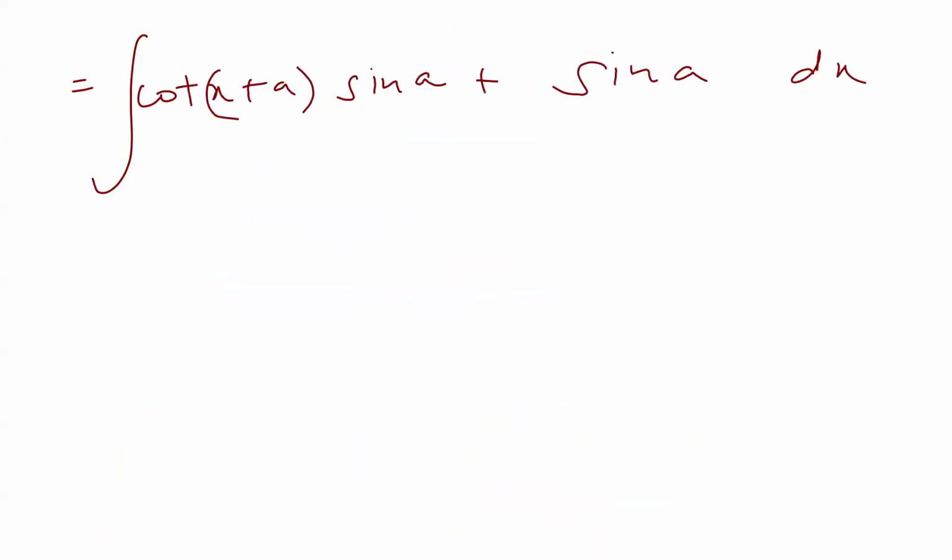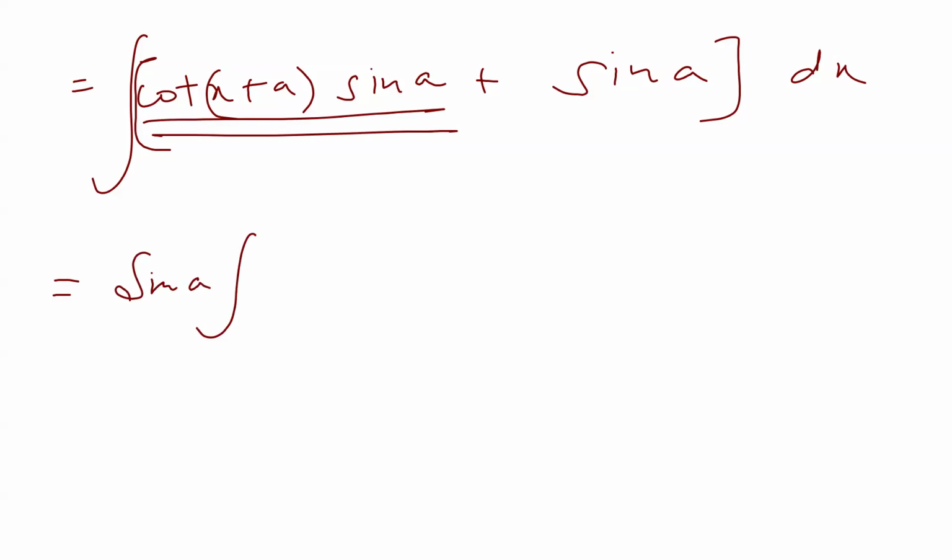So individual integration of this first term: I think this is cos a, sorry. So cos a goes outside, and here sin a goes outside.